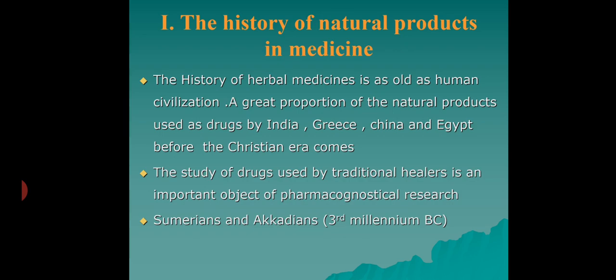And when did it originate? I'm going to talk about the Sumerians and Akkadians, 3rd millennium BC. I didn't even see relatives of mine from 3 generations before; I know my grandfather.